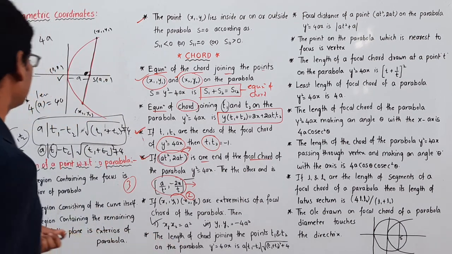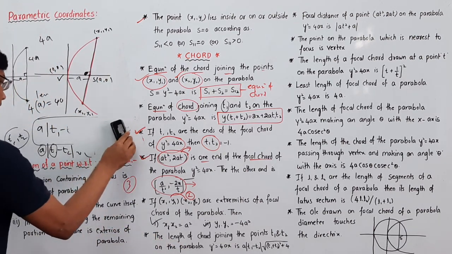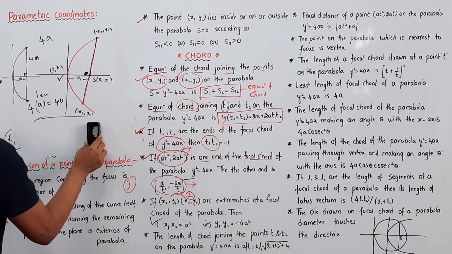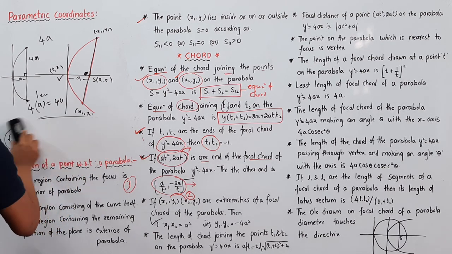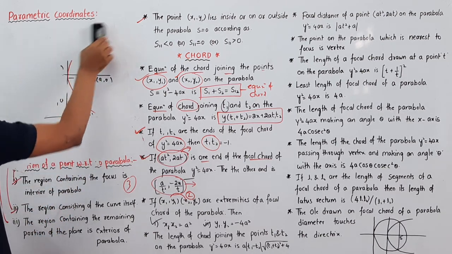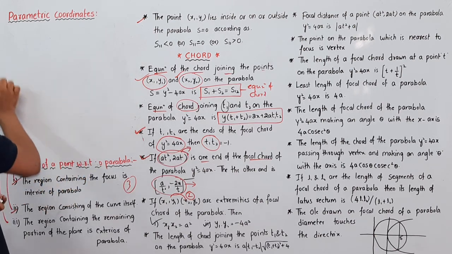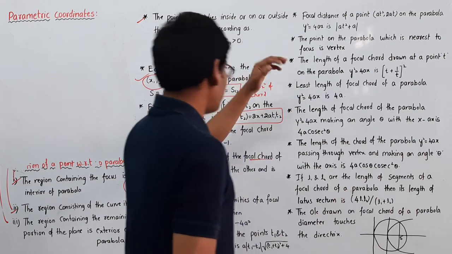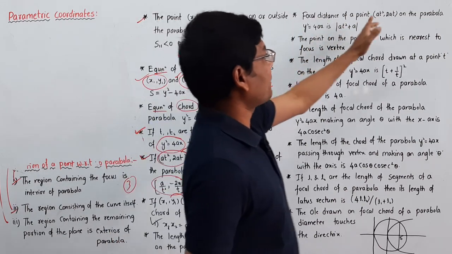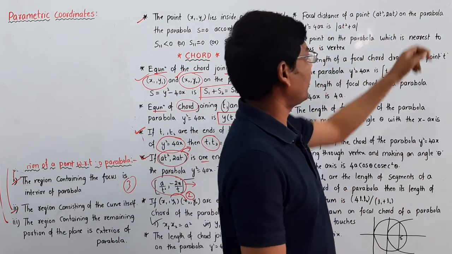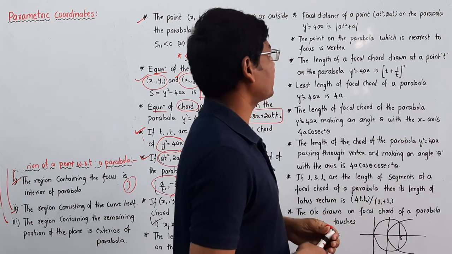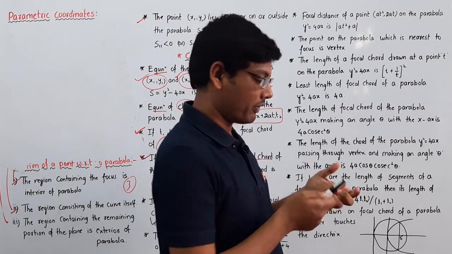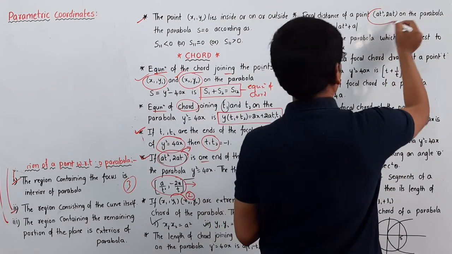The next point is the focal distance of a point. This is the parametric point of a parabola y square is equal to 4x, which is the standard form of a parabola, and this is the parametric form.